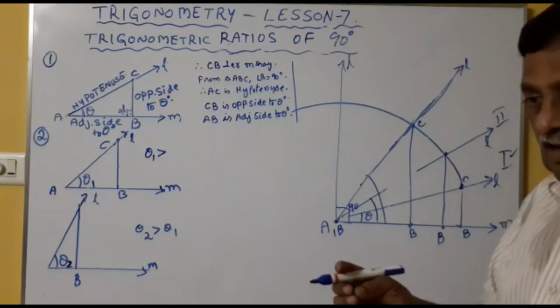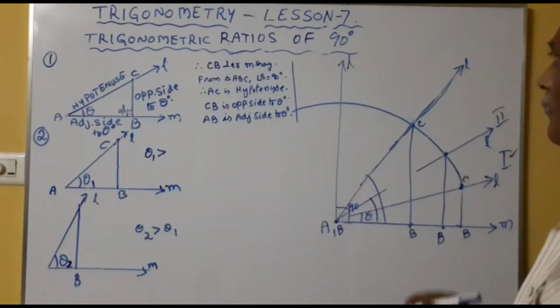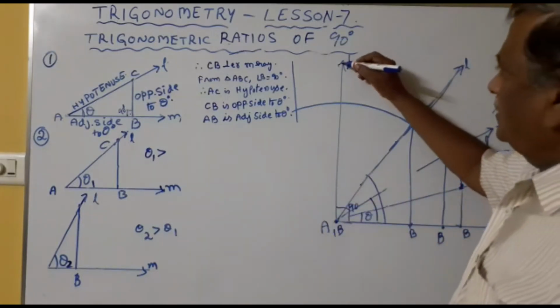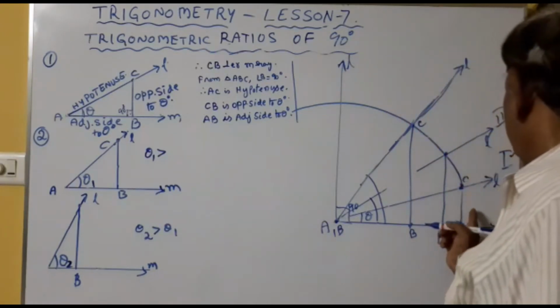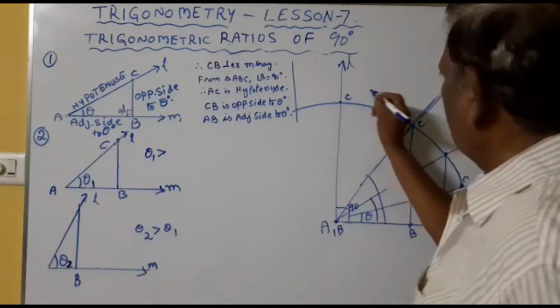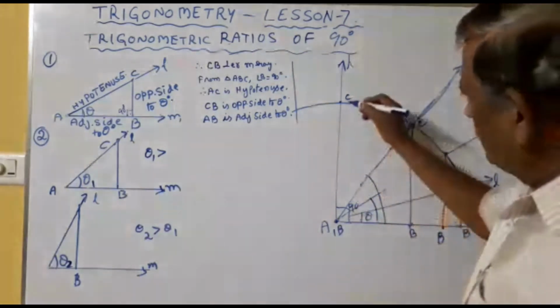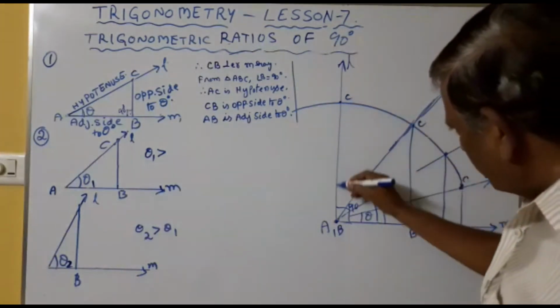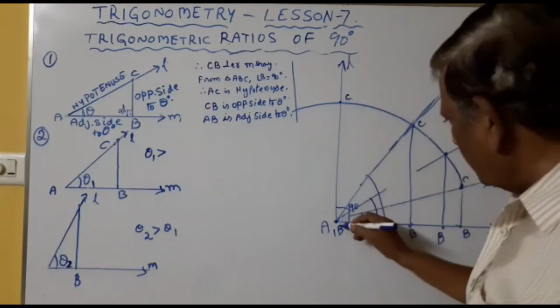A and B are on the same spot. Similarly, C moves from this place and reaches here. Therefore, the perpendicular height AC and BC both are equal.